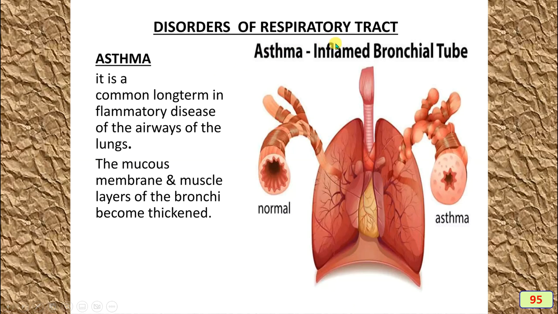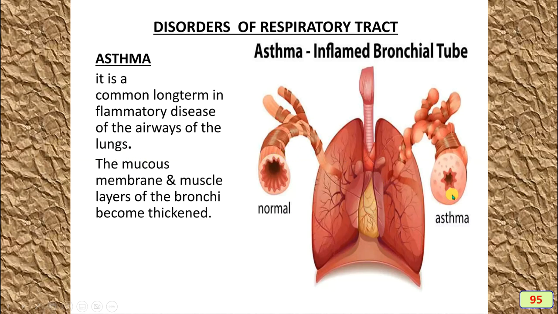Then the disorders of the respiratory tract. A lot of disorders are there, especially asthma, in which the bronchiole is inflamed. It is a common long-term inflammatory disease of the airways of the lungs, but asthma is psychosomatic in nature most of the time, which is not a common feature in domestic animals.